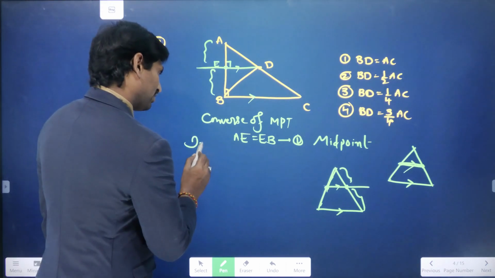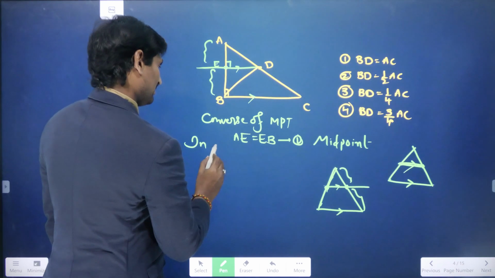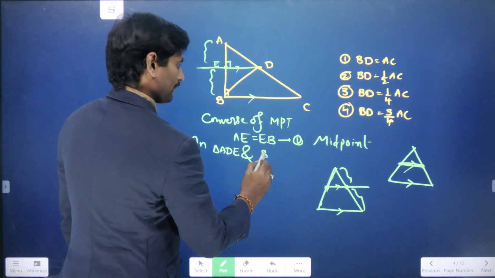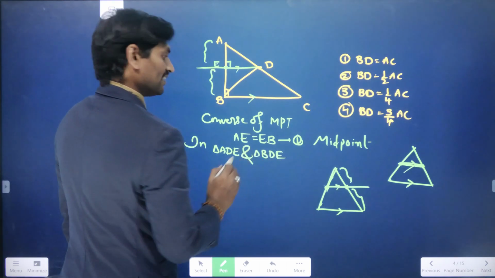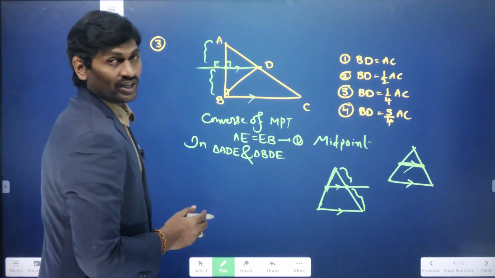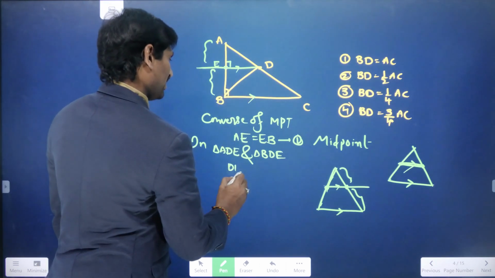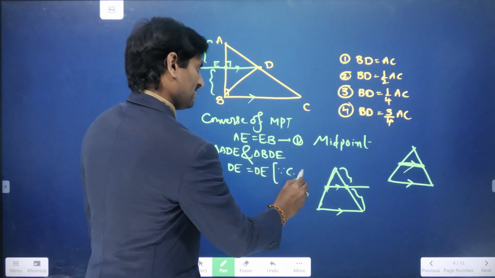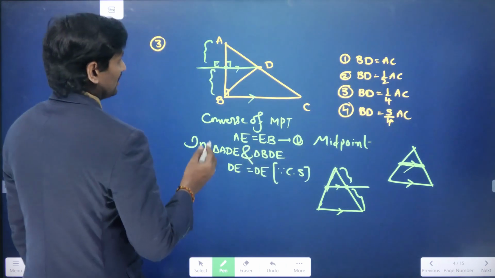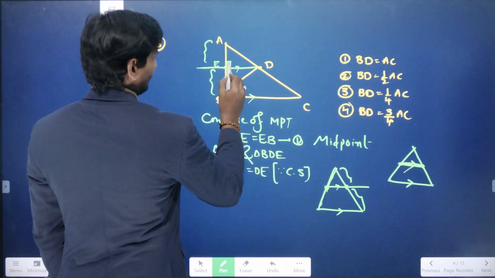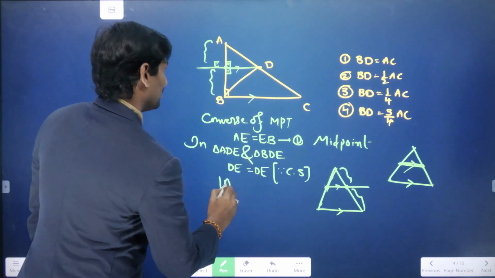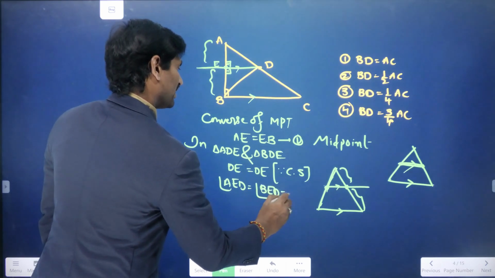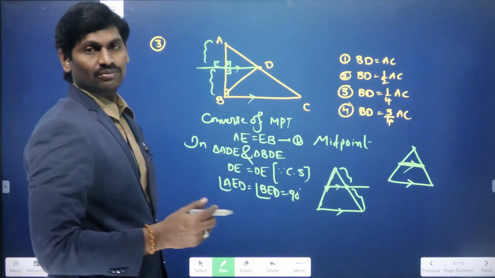Now I am taking two triangles, triangle ADE and the second triangle BDE. From the two triangles, we can identify DE is a common side, and angle AED equals angle BED, both 90 degrees, as corresponding angles are equal.